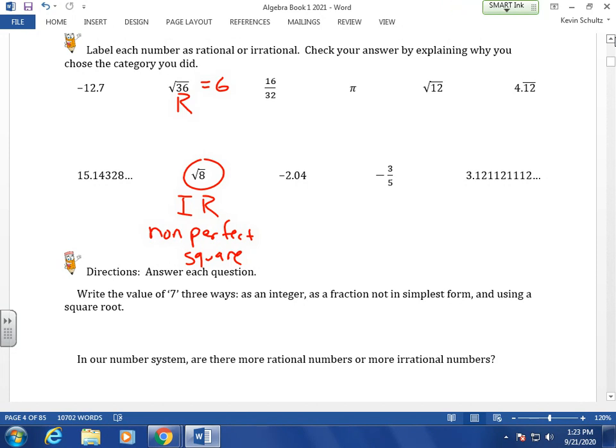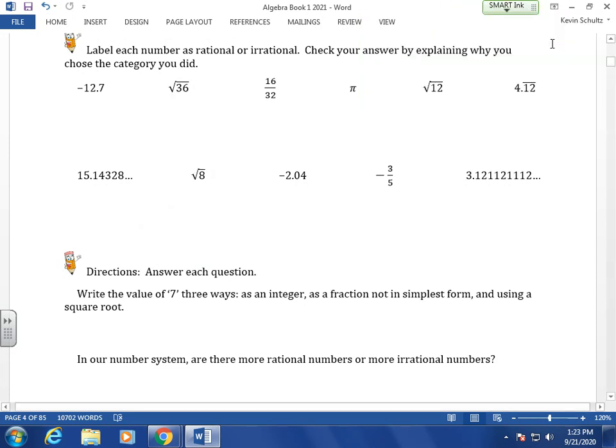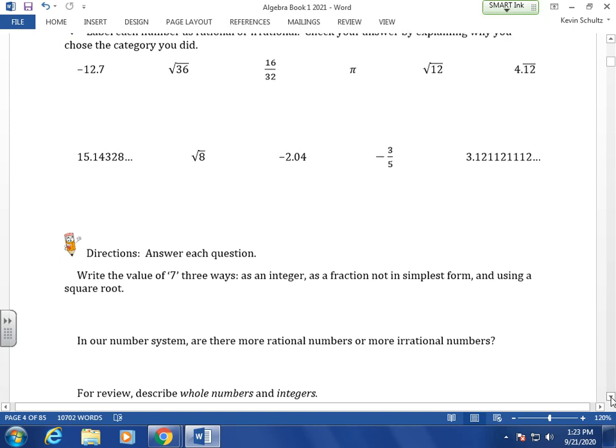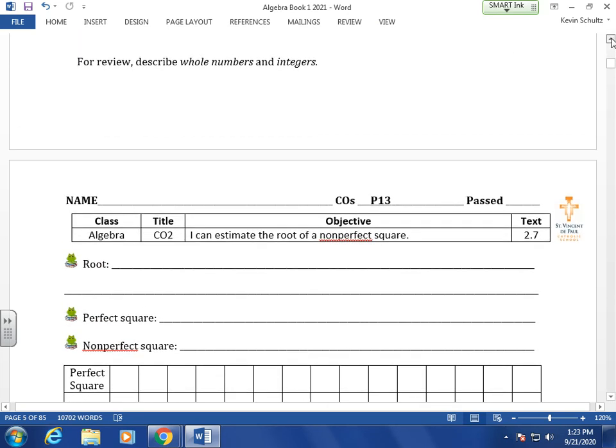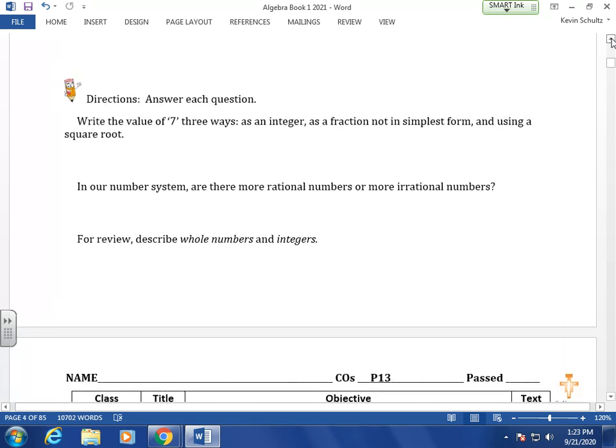The first one says, write the value of 7 3 ways: as an integer, as a fraction not in simplest form, and using a square root. Okay? The value of 7 as an integer, a fraction not in simplest form, and using a square root.